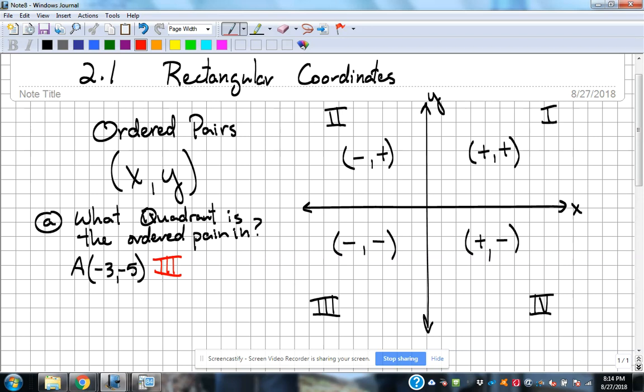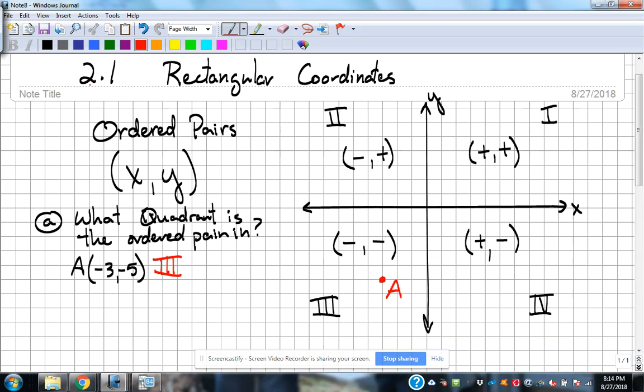So I would put a dot right there and write the letter A beside it. That's how you plot a point. Easy stuff. Gotta do it right. Okay. There's point A.